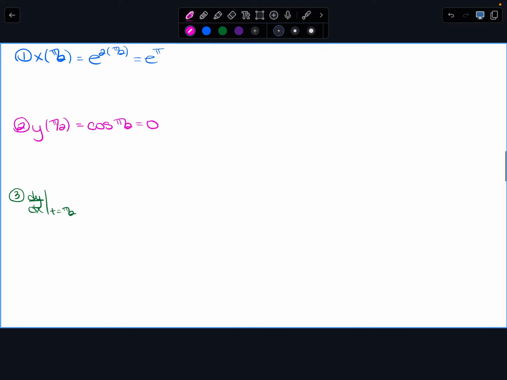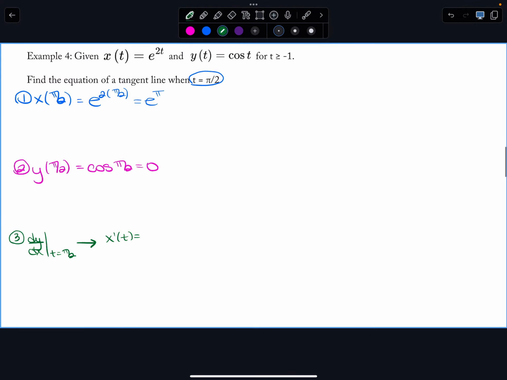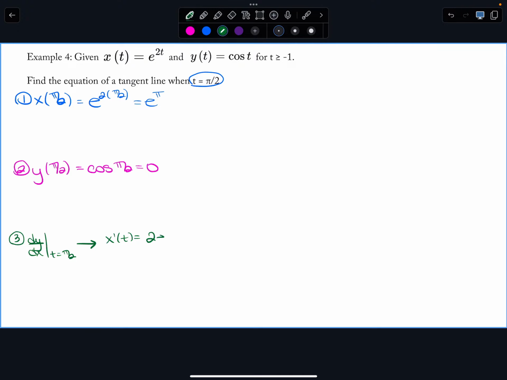My dy dx, so I need to find an x prime of t. That is 2e to the 2t. So then x prime of pi over 2 is 2e to the 2 times pi over 2, which is 2e to the pi.